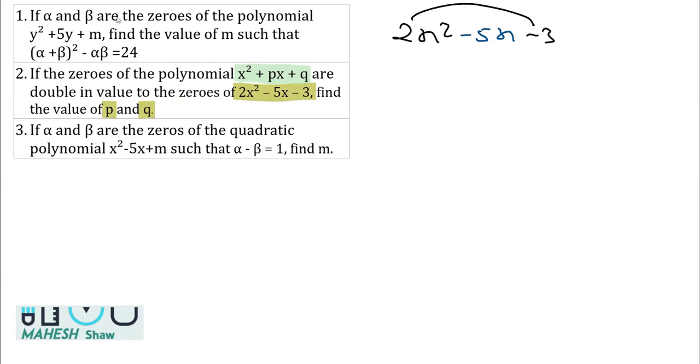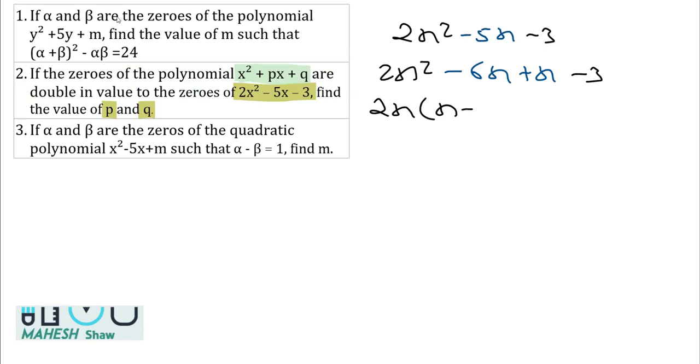So 2 into 3 is 6. We need minus 5, so we'll be splitting it in another way. We'll be splitting this minus 5x as minus 6x plus 1x, and then minus 3 copied. Now common from the first two terms is 2x, so it's going to be x minus 3. Common from the last two terms is 1, so again it is x minus 3.